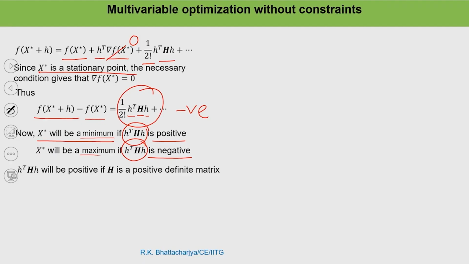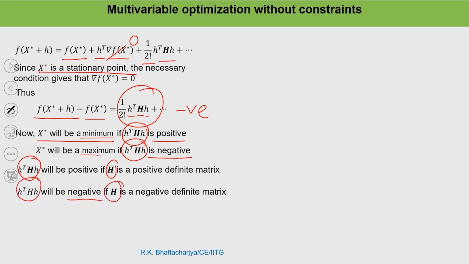Okay. Now, this term h transpose H h will be positive if H is a positive definite matrix. So, I can check whether H is a positive definite matrix or negative definite matrix, and this term will be negative if H is a negative definite matrix. So, you have to look at this particular Hessian matrix.